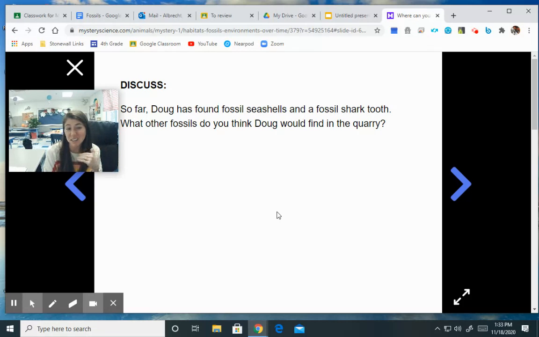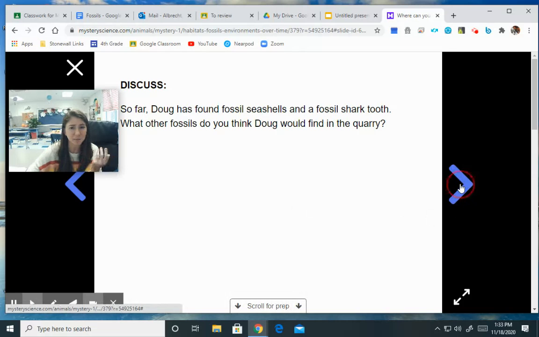I'm thinking we might see something that looks similar to maybe a fish, maybe a dolphin. But I don't think we would find anything that looks like a jellyfish, because jellyfish would be really hard to fossilize because of all that soft tissue. That would be really unlikely to fossilize. Let's see.